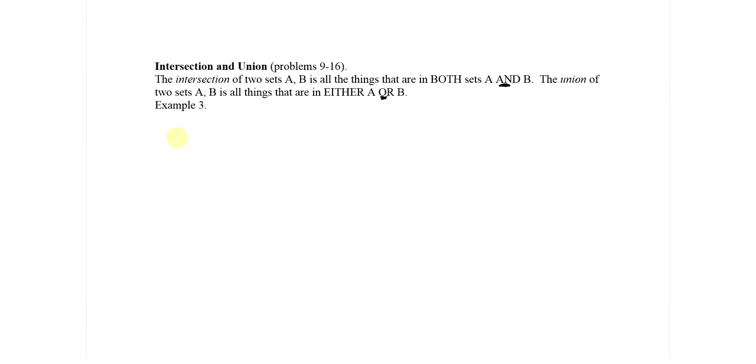So, suppose I have two sets, A, and we'll just go with numbers here, 2, 3, 5, and 6, and B we'll call 1, 5, and 10. Okay, so what is A intersection B?